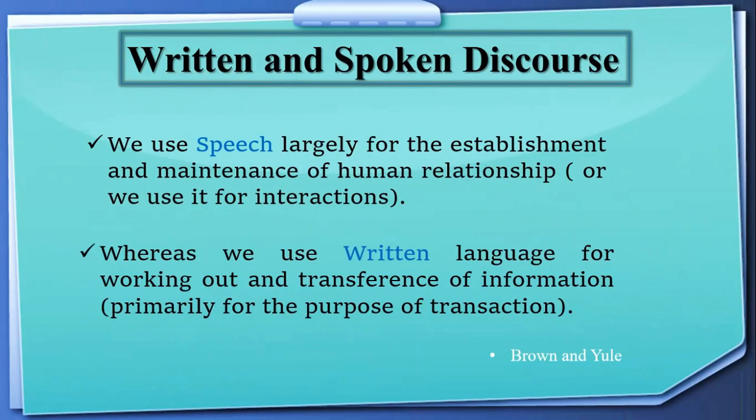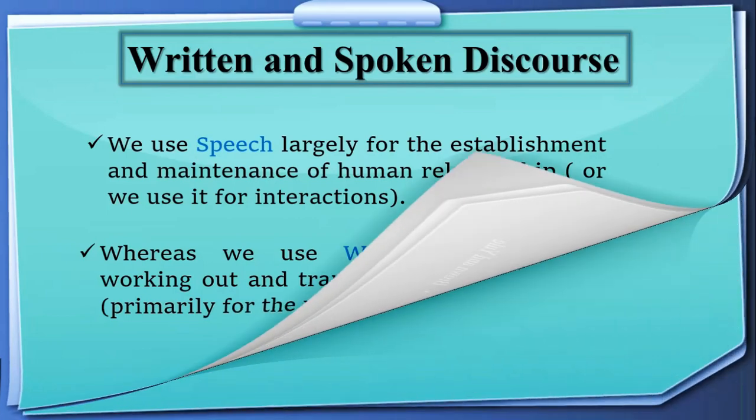When we talk about written discourse, it is used for transferring or spreading information from one place to another, or from one source to another source, through written structures of language. So this is how Brown and Yule explain written and spoken discourse.